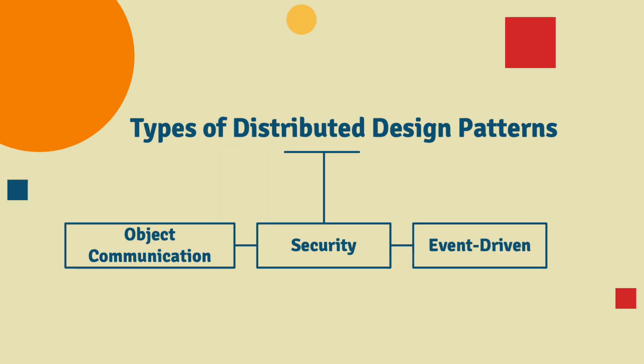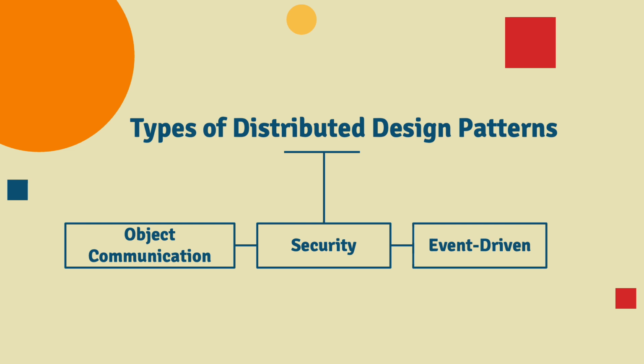Let us look at the broad categorization of these patterns. Object communication. It is a distributed system which comprises nodes that frequently communicate with each other. This type of design pattern covers messaging protocols and permissions for different components of the system to communicate with each other. Security.